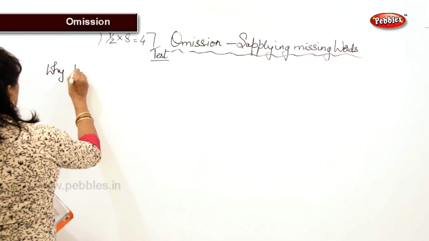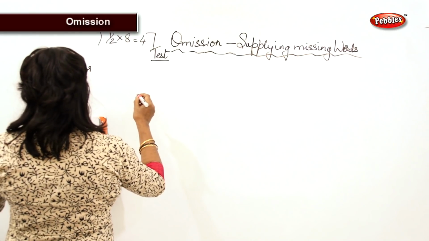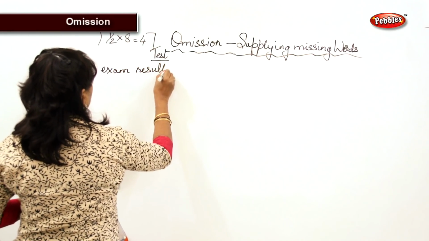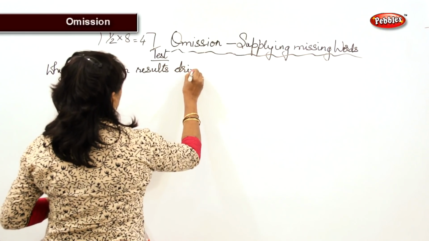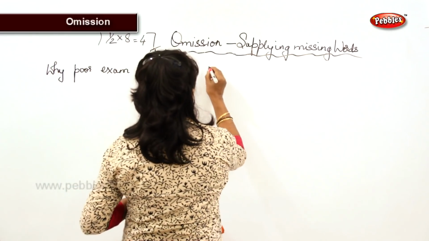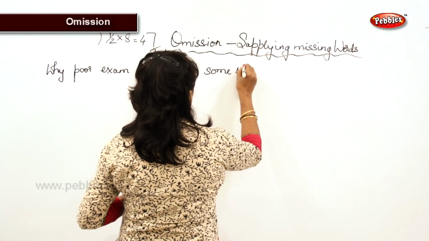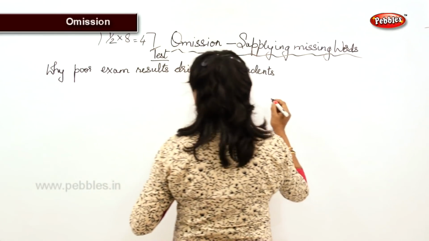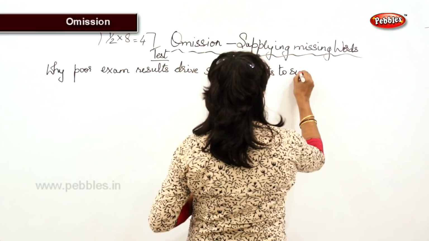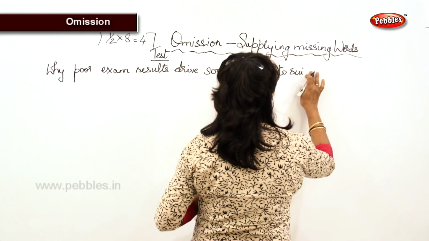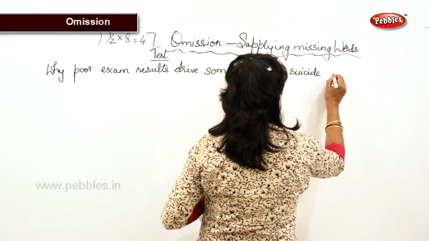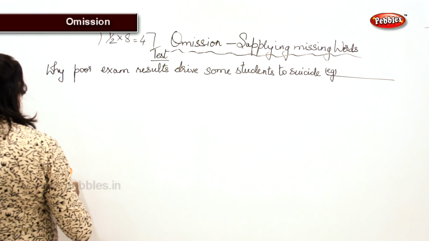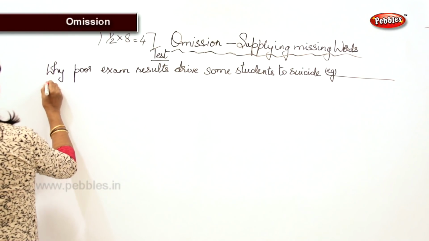Why were exam results drive some children, some students to suicide, and not others?